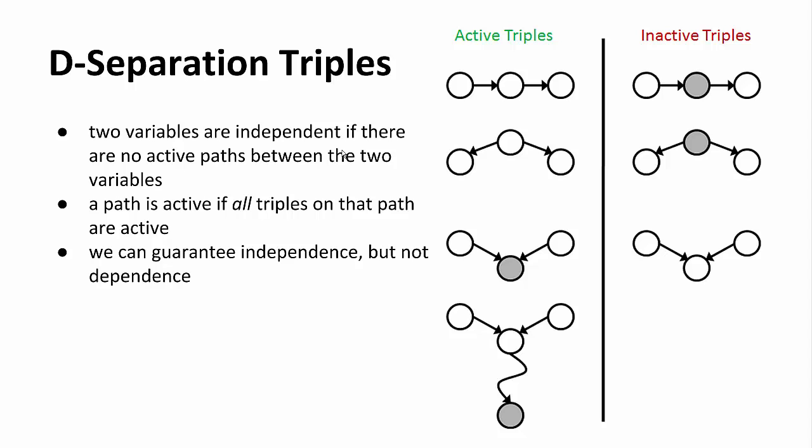So if there's a single triple on that path that's inactive, then that means the entire path is inactive. And if there are no active paths between 2 variables, then that means that those 2 variables are independent. Another thing is we can guarantee that 2 variables are independent, but we can't guarantee that they're dependent. Okay, let's look at some examples of D-separation.